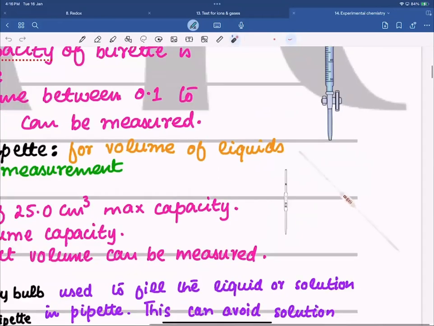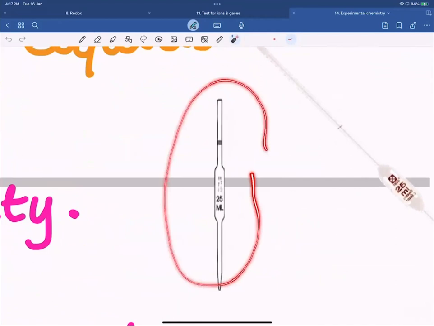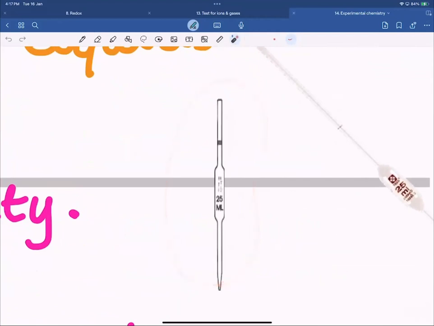Okay. Another thing is how can you fill the pipette? Otherwise, it will work like a straw. So we will put it in the solution and suck from the other side.